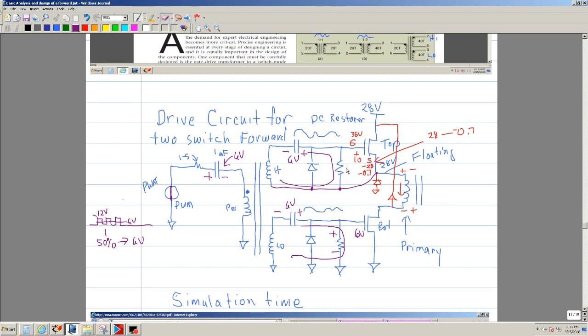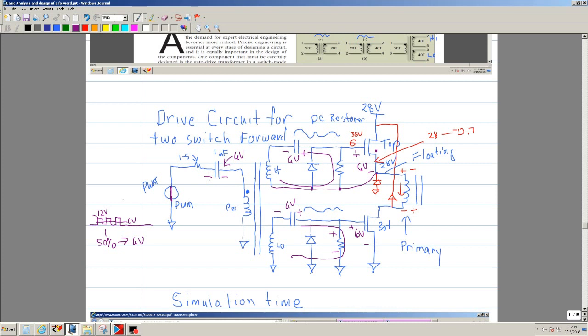Let me erase this, not make it so much clutter. That means you're going to be applying 6 volts across the VGS of both the top and the bottom.